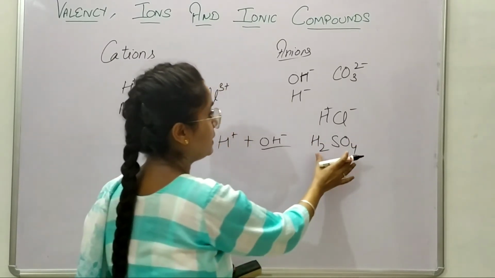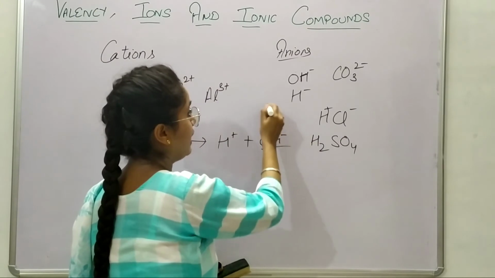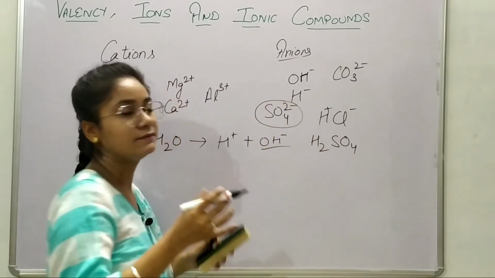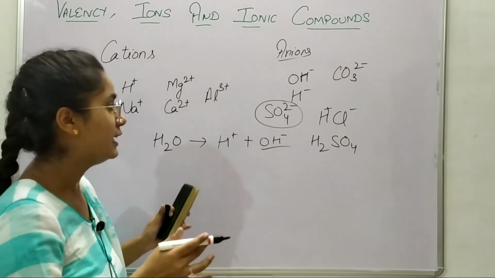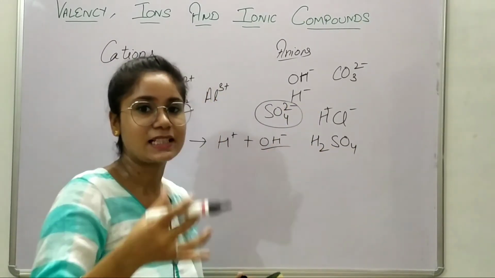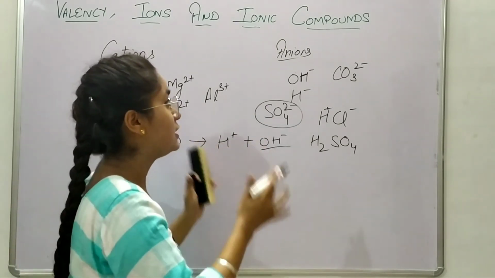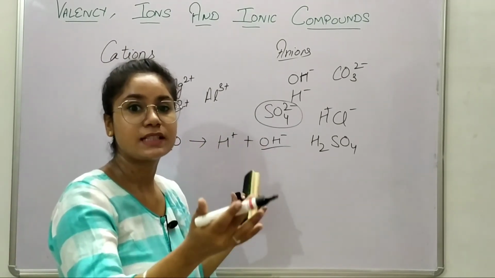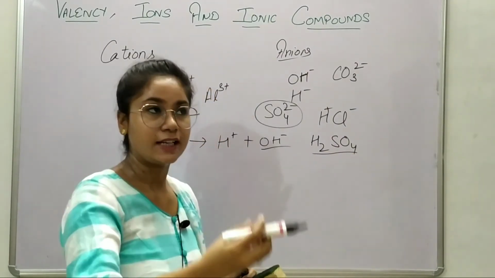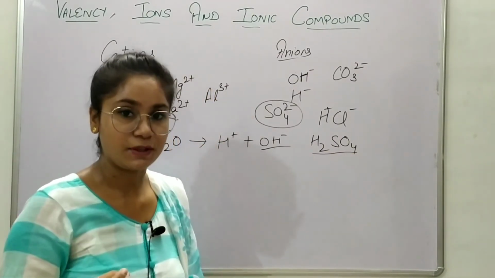Now how come it is H2SO4? Well, SO4 2 negative is an example of diatomic anion. If it has 2 negative charge, how does it come here? We will discuss it in the next video when we will talk about how a chemical formula forms, like we would get to know about the rules of making the chemical formula.